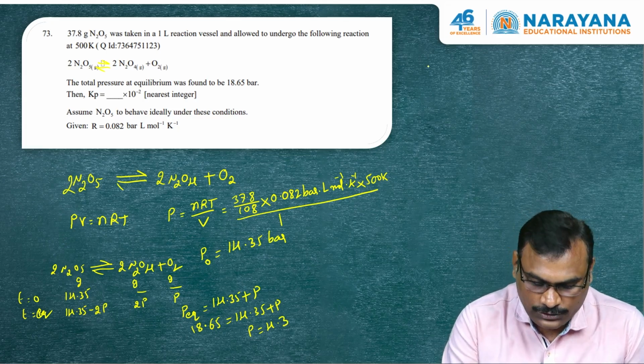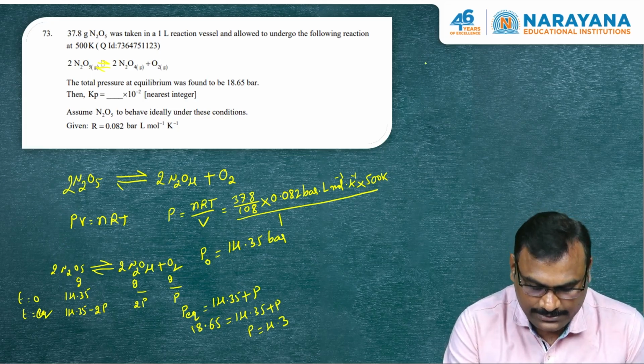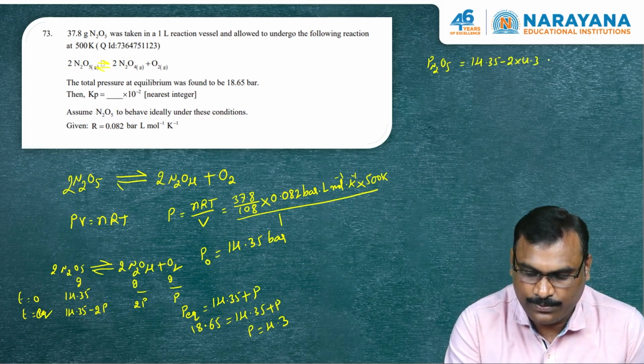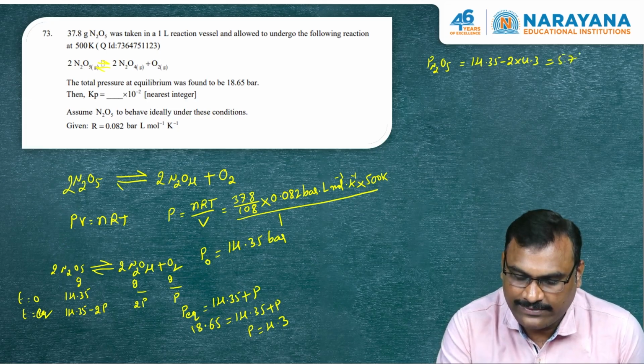So, after substituting the values, pressure of N2O5 is equal to 14.35 minus 2 into 4.3, that is 5.7.